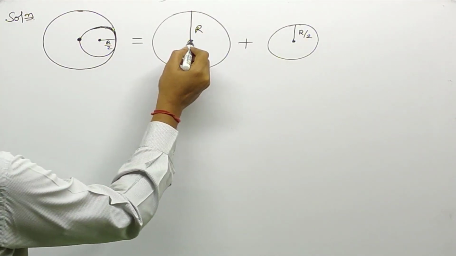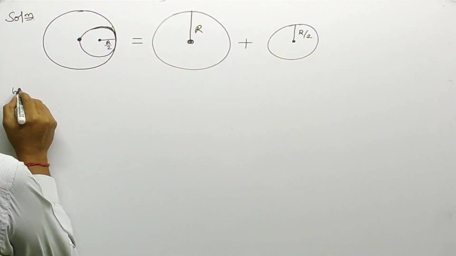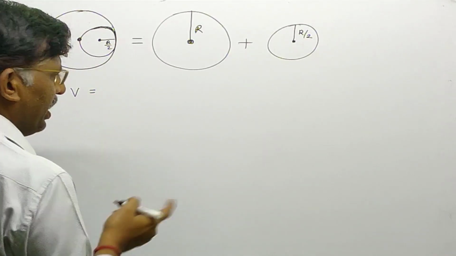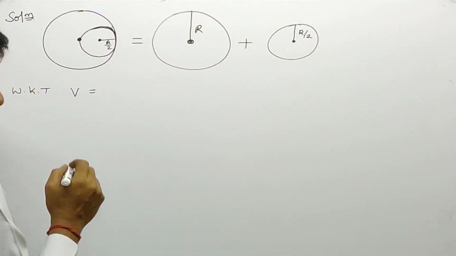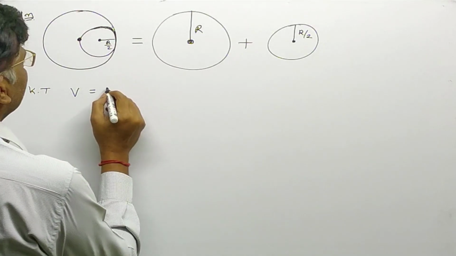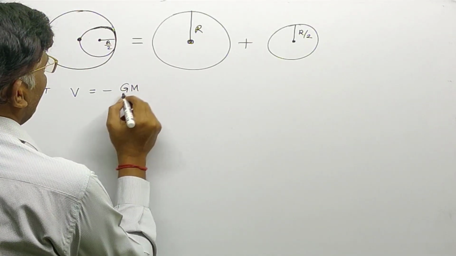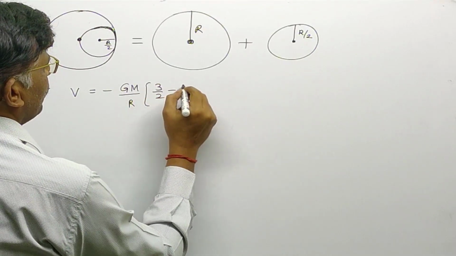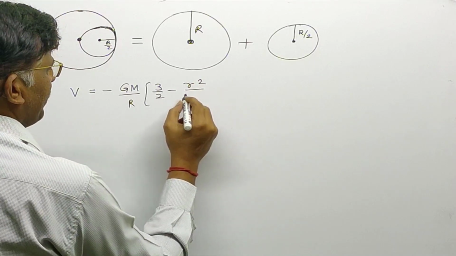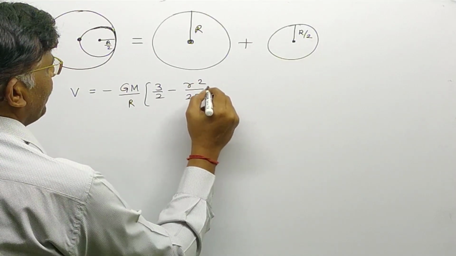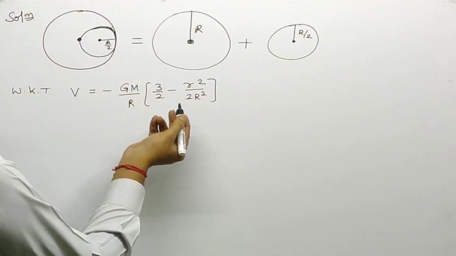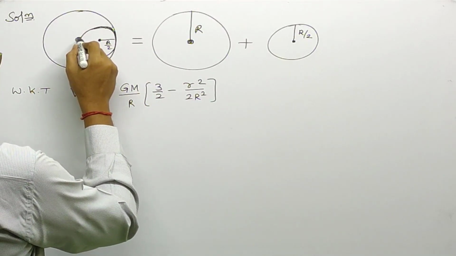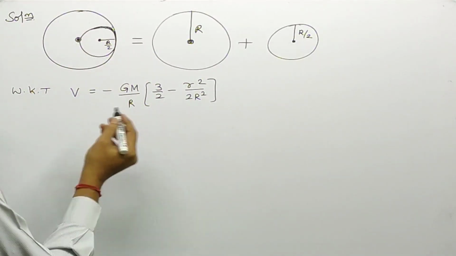First of all, for the complete sphere, we know that the gravitational potential at any point inside a solid sphere is minus GM divided by R into 3/2 minus r square divided by 2 R square, where r is the distance from the center of the sphere, at any point inside the sphere.